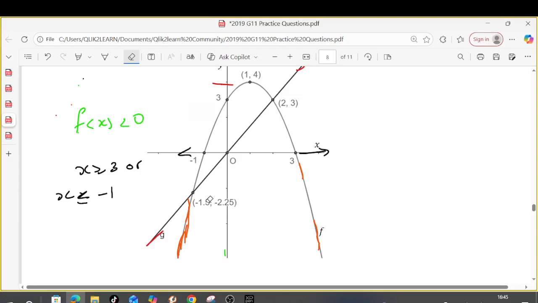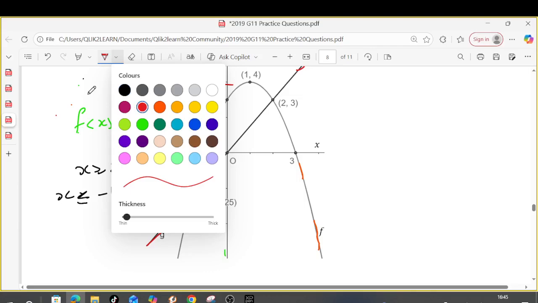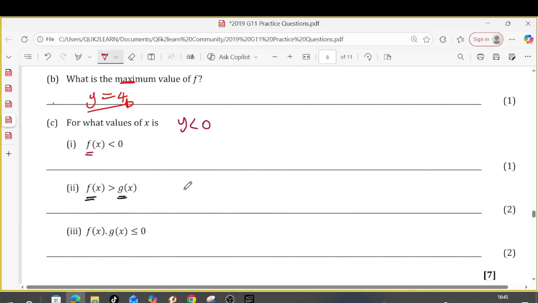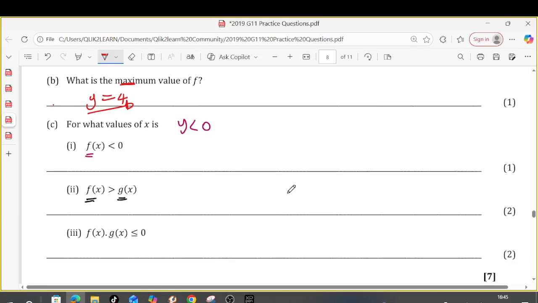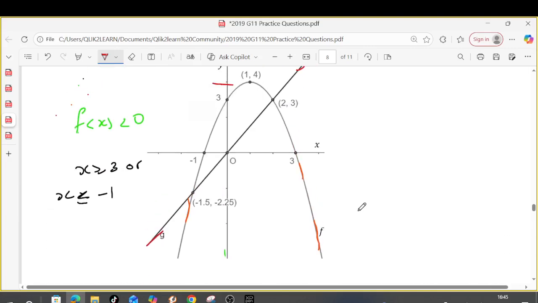Now let's check where this graph is above. This is my f(x) graph. First things first, we're going to check the point of intersection. I'm going to highlight where they meet.